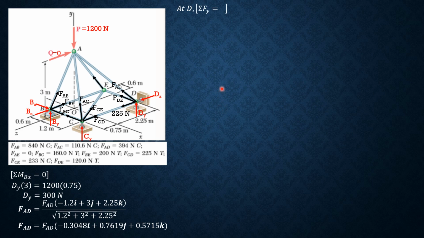So at the summation forces y equals 0, vertical component of FAD is 0.7619 FAD plus dy, which is 300, equals 0. So solving for FAD, FAD is negative, and negative means compression. So 393.75 newtons compression. Then summation forces along x equals 0 at D. So FDE is negative, so negative FDE.